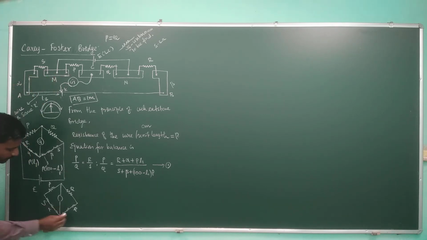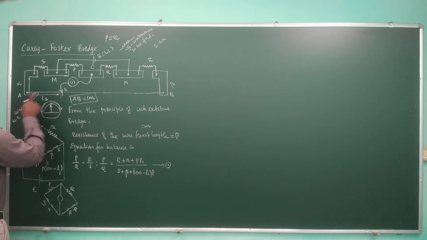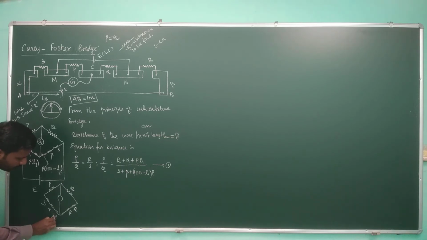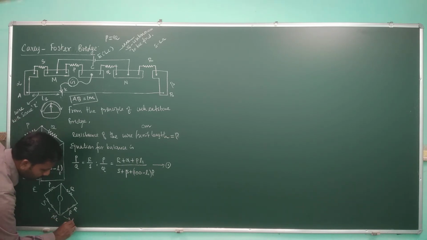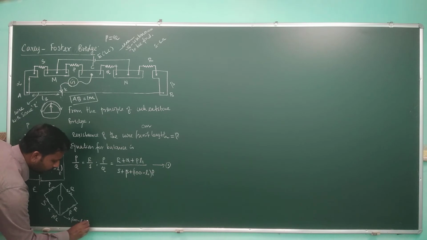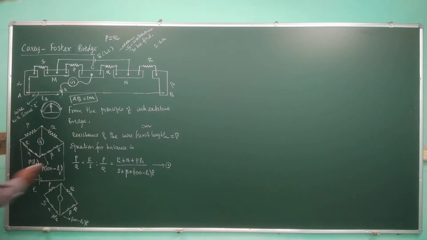So this is alpha and this is beta, no change. But the balancing length becomes L2. So this becomes rho times L2, and this becomes 100 minus L2 multiplied by rho. In this way it will change.